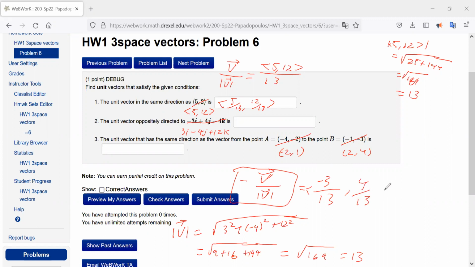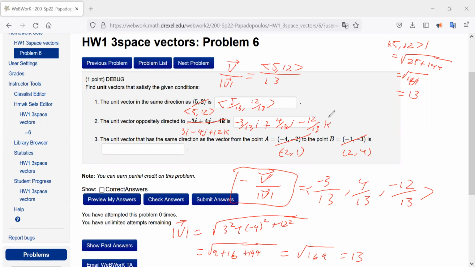And then 12 becomes -12, divided by 13. Or if you prefer to keep it in the ijk notation, then we get -3 over 13 i plus 4 over 13 j minus 12 over 13 k.